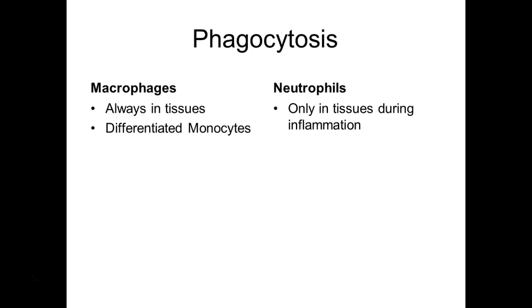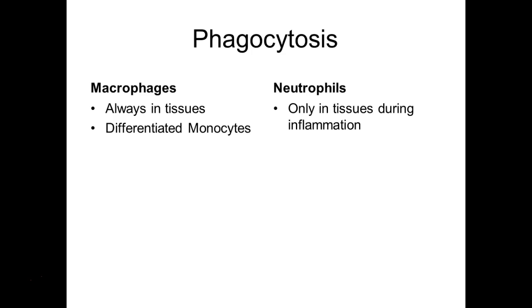They're called monocytes as they're circulating through our blood, and then when they leave our blood to go into our tissues, they become more powerful, right? Their job changes a little bit. They differentiate and they stay in our tissues. We have resident ones all throughout our body, and when they die off, they're replaced from the monocytes in our blood.